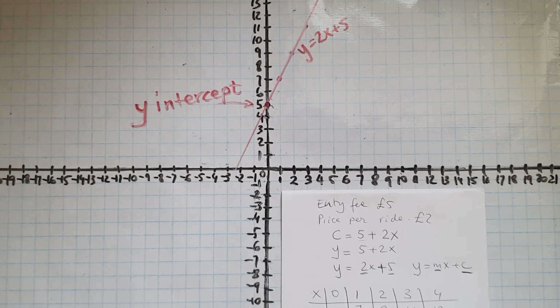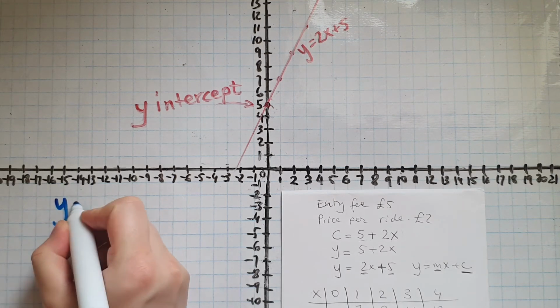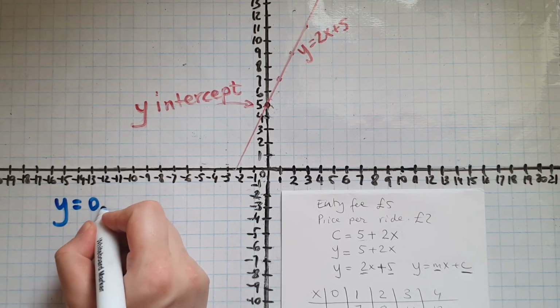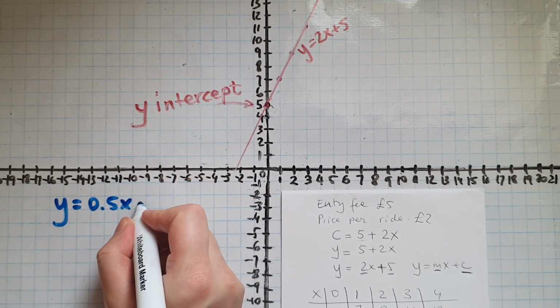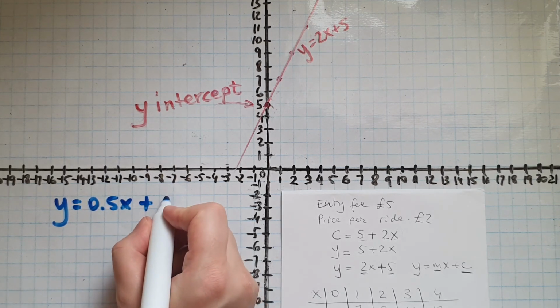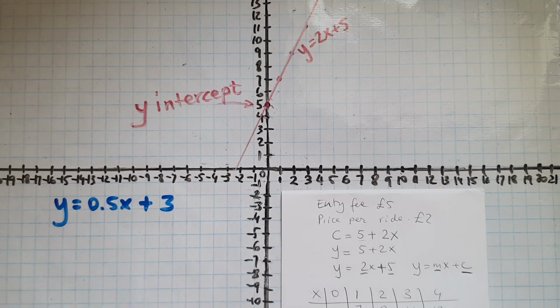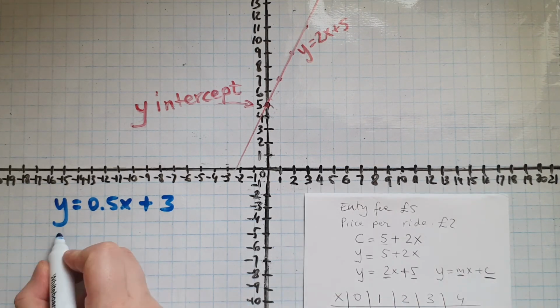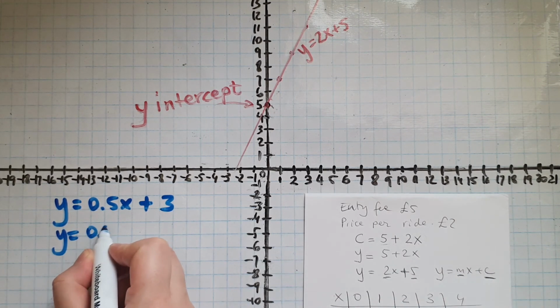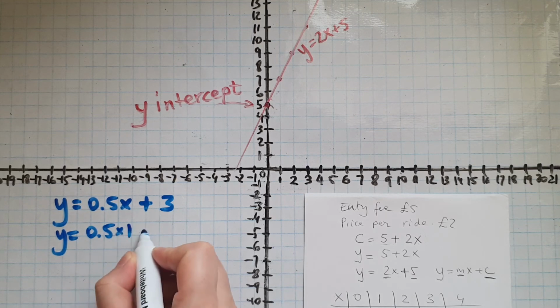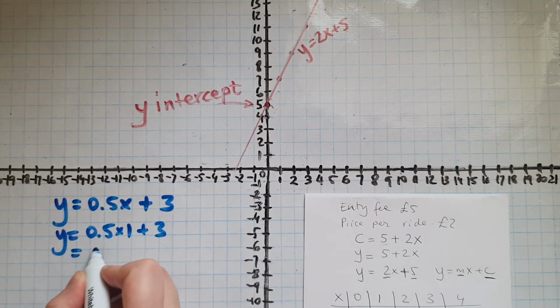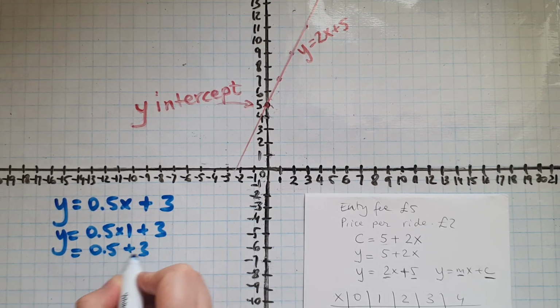Let's try another one. Let's try y equals 0.5x plus 3. When x is 1, we'll go 0.5 times 1 plus 3, which is 0.5 plus 3, and that gives us 3.5.